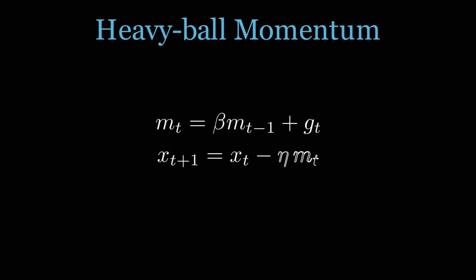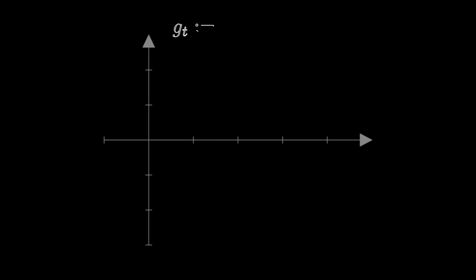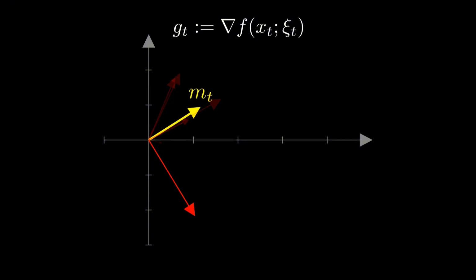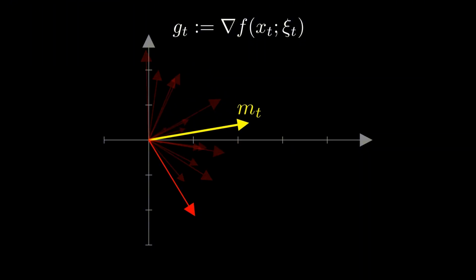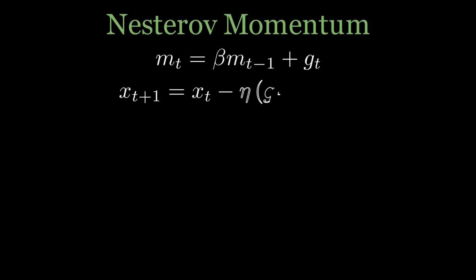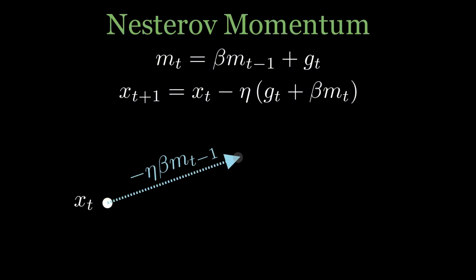Heavy ball momentum maintains a buffer that puts an exponential moving average on the past moments. This way, when the gradients are consistent, they reinforce, but when they are noisy, they average and cancel out. A closely related variant is Nesterov momentum, which uses a look-ahead to predict the next buffer.